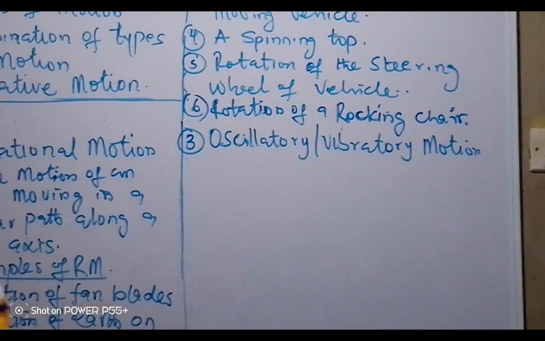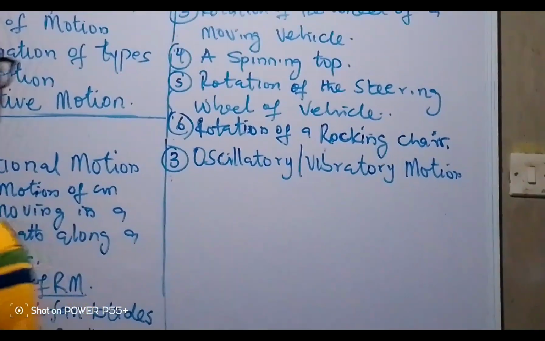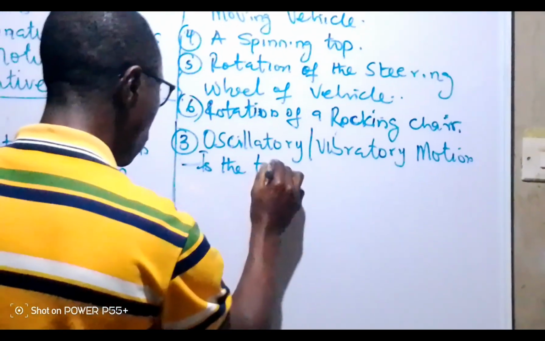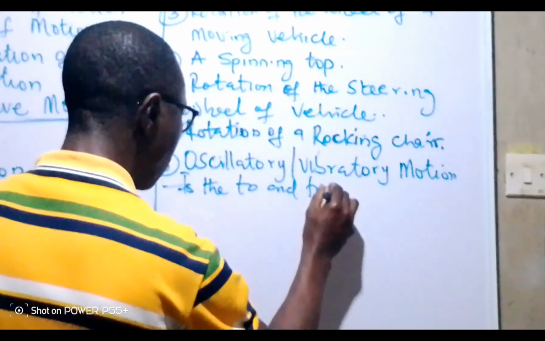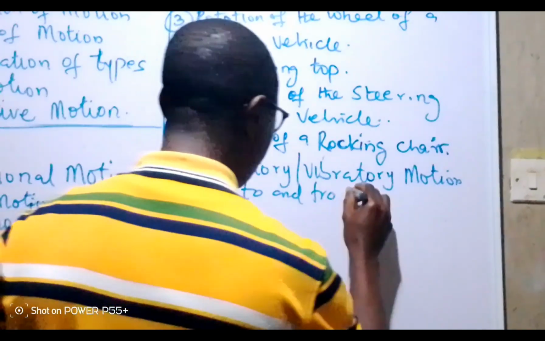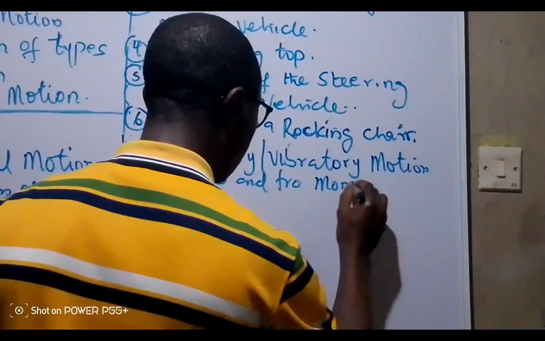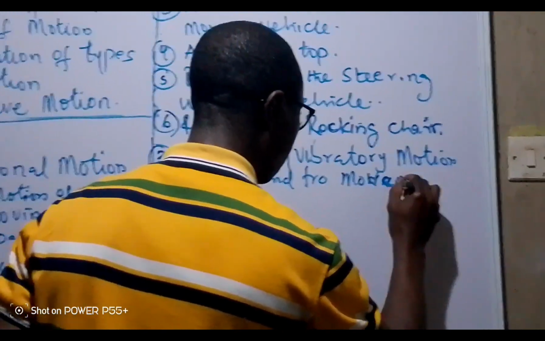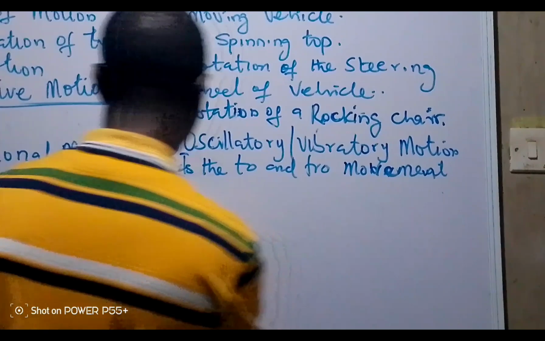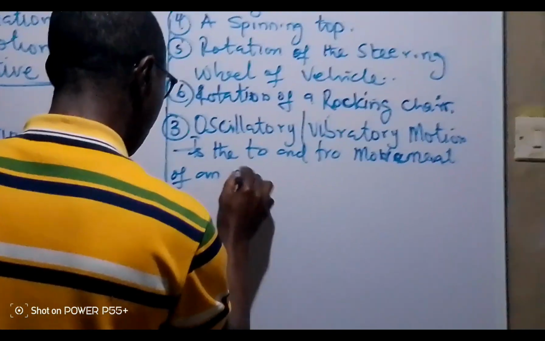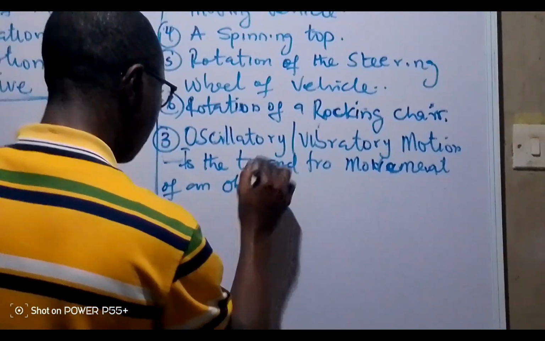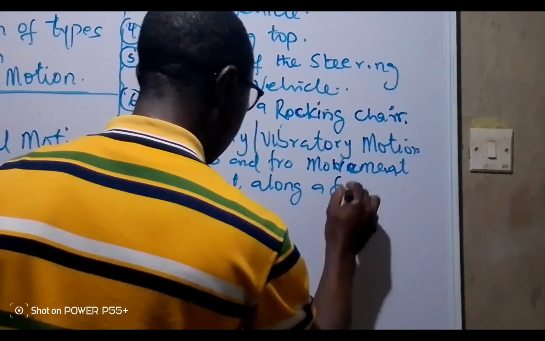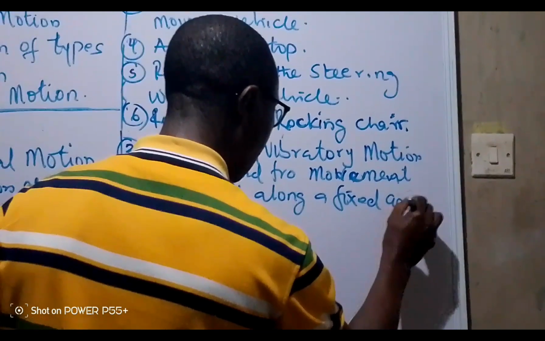Now, number 3, oscillatory or vibratory motion. This one is the to and fro movement of an object along a fixed axis.